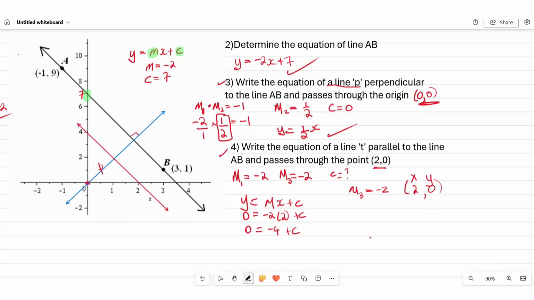It was a rough drawing, but it's good. If we add 4 to both sides, you could see 4 is equal to c. So it did cross at 4 for real. Since I know my c value is 4 and I have my gradient, then the equation is y = -2x + 4. And that's it.